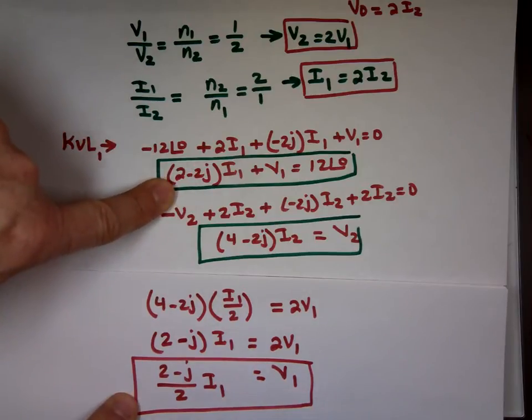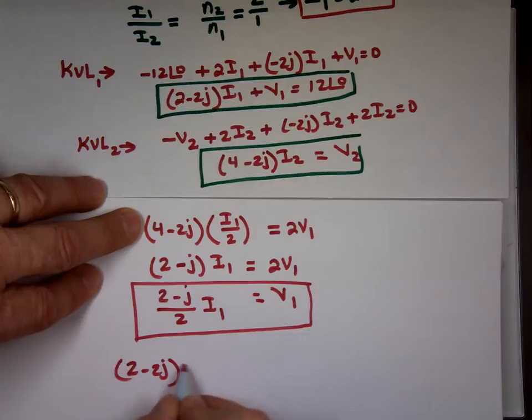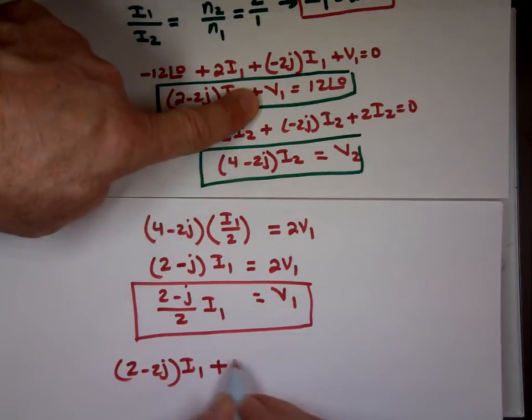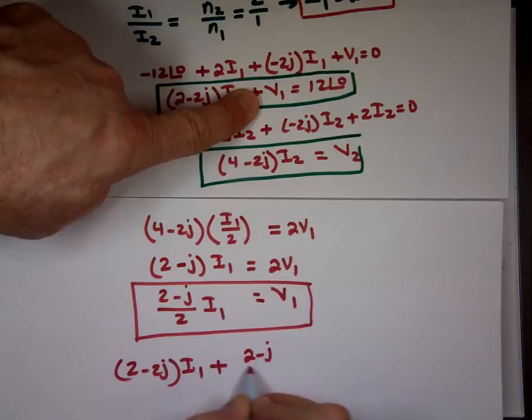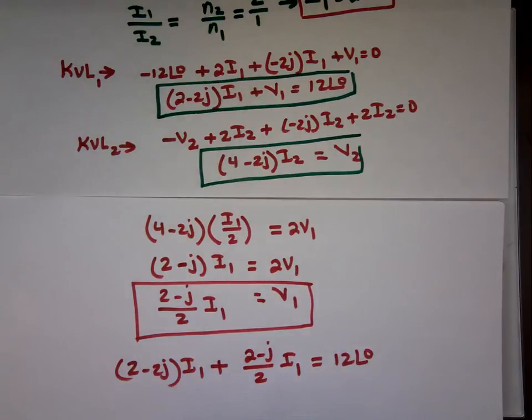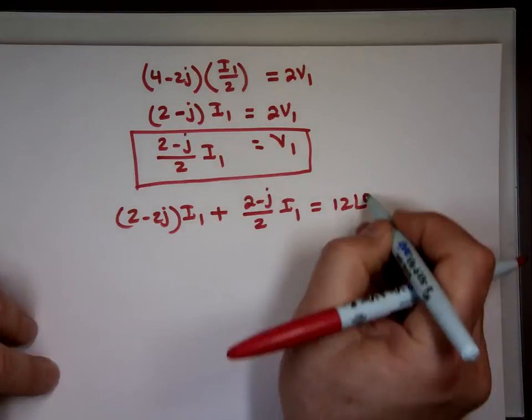Two unknowns. So I can take that equation, which is 2 minus 2j I sub 1 plus V1. In place of V1, let me put what? 2 minus j over 2 I sub 1 equals 12 angle 0. I'm not really a fan of fractions, so let me multiply everything by 2.